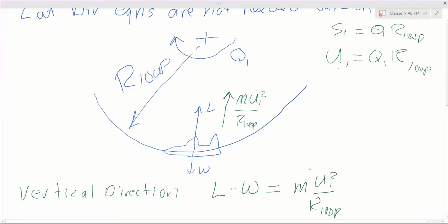And we want to plug in for one of the U1s here. So then the R loop cancels with the R loop, and we end up with m U1 Q1.